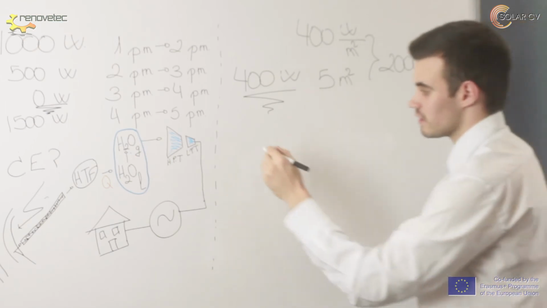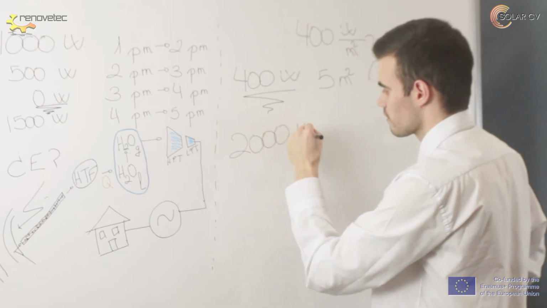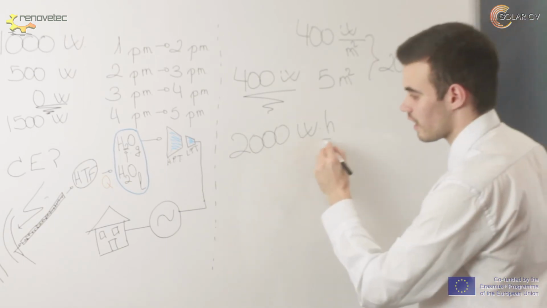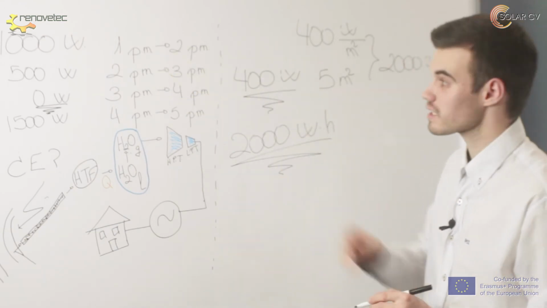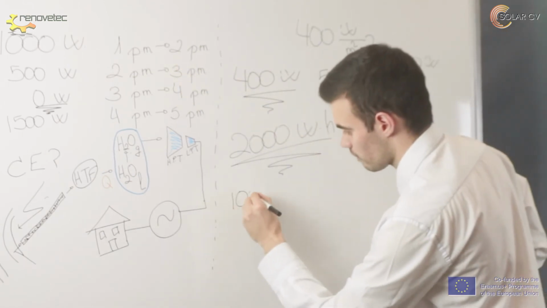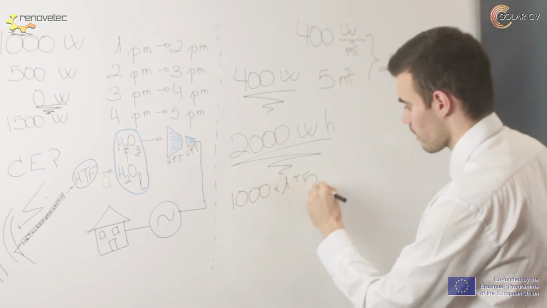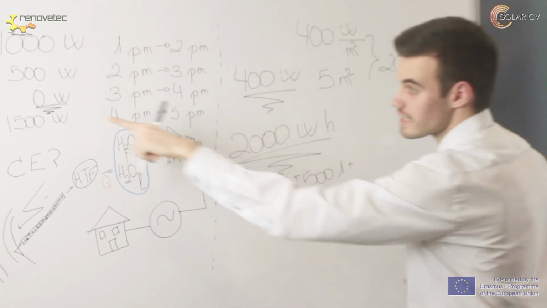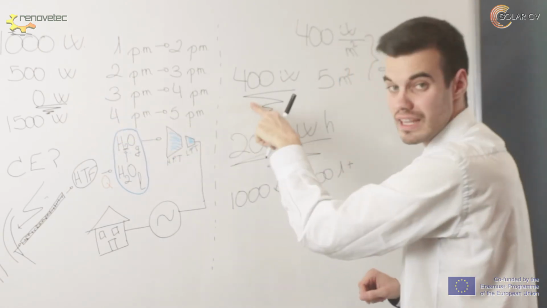Okay? However, this irradiation is for a given period, for example, 1 hour. So we can define that this energy would be 2000 watt-hours. And this isn't a power, this is an energy. For example, in this case, we have 1000 watts from 1 p.m. to 2 p.m. So we are going to have 1000 multiplied by 1 hour plus 500 multiplied by 1 hour plus 0, because this irradiation is not higher than the required limit.